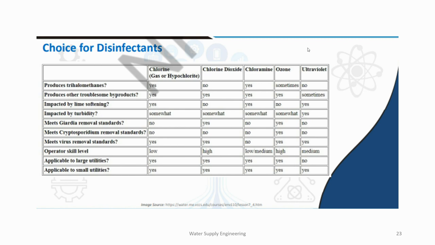Can it remove virus? What is the operator skill level that is required? Is it applicable to large utilities or small utilities? So depending upon that, we'll select among chlorine, chlorine dioxide, chloramine, ozone, and UV radiation. We'll see what our application is, which factors are to be considered, and then appropriately select the disinfectant.